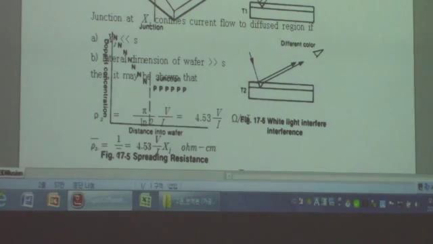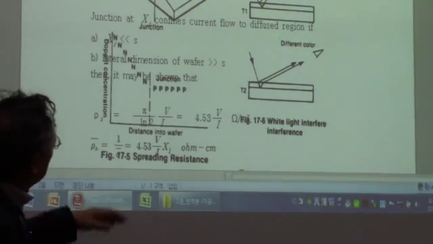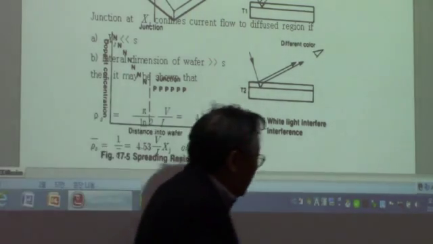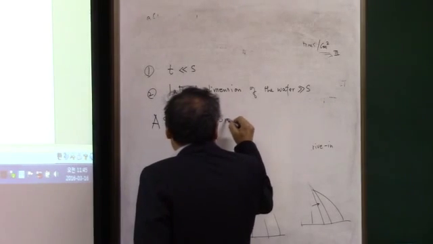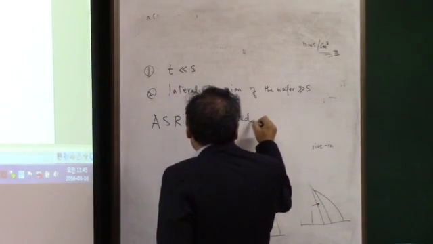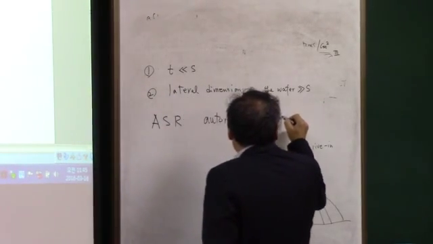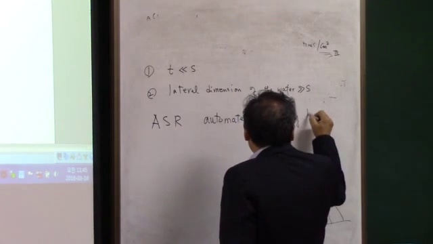And that is some misprint, but that is ASR, automated spreading resistance.